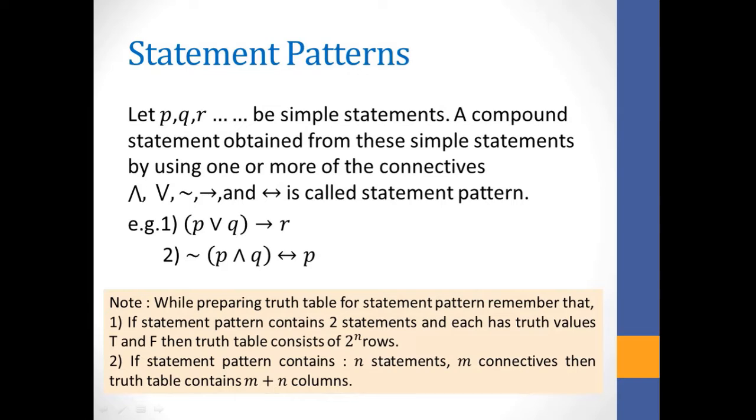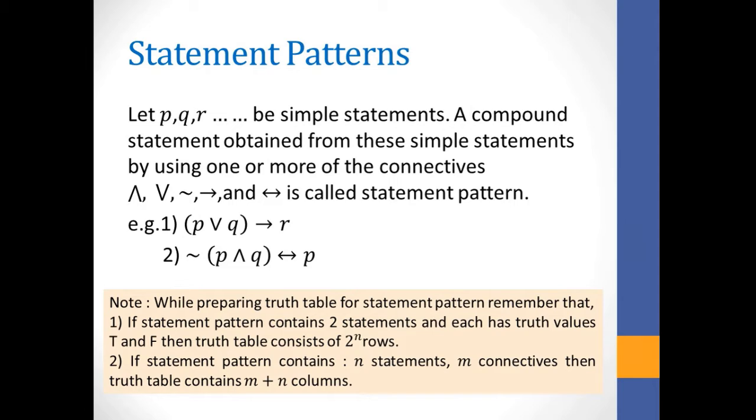Now note that while preparing a truth table for a statement pattern, remember, number 1, if a statement pattern contains n statements and each has truth values T and F, then the truth table consists of 2 raised to n rows.